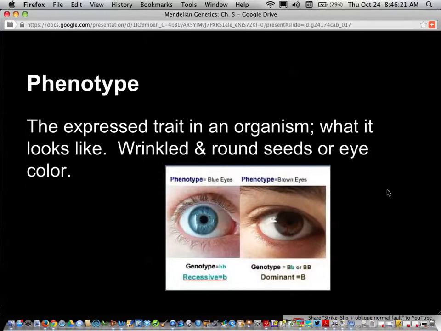In this case, blue eyes versus brown eyes, or wrinkled seeds versus round seeds. Okay? So yesterday we talked about the homozygous recessive genotype, little b that codes for blue eyes. And that's recessive to the dominant allele that codes for brown eyes, big B.